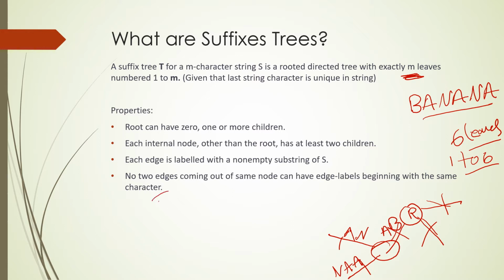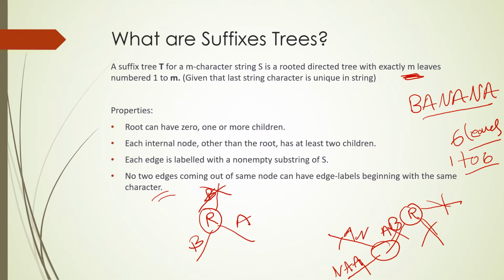This is the important property. If one edge starts with A, another cannot start with A. This is the fourth property. All these properties are satisfied by Ukkonen's algorithm. Firstly, it is a suffix tree.